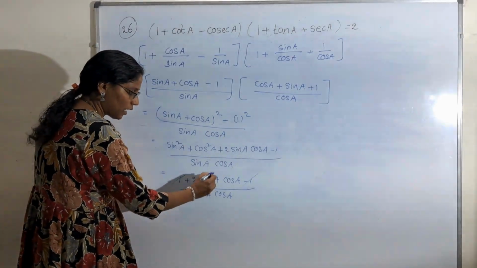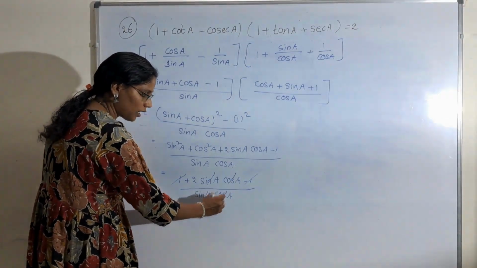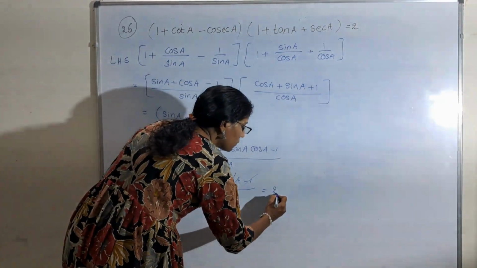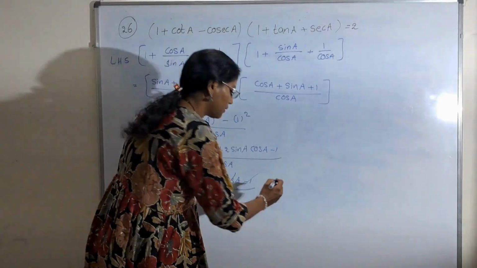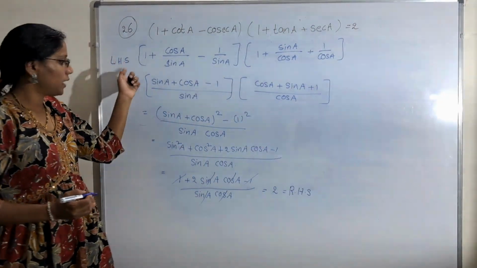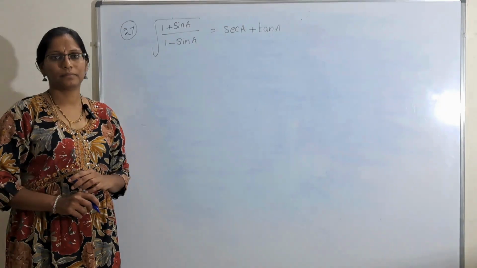Remaining, sin A cancels, cos A cancels. What value remains? 2. This is our RHS. Therefore, LHS equals RHS.